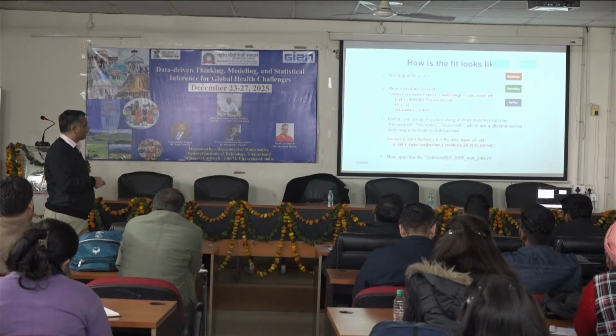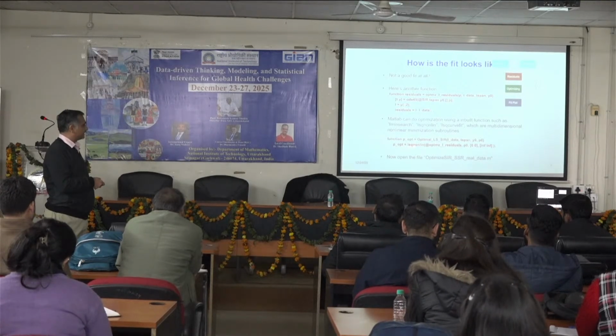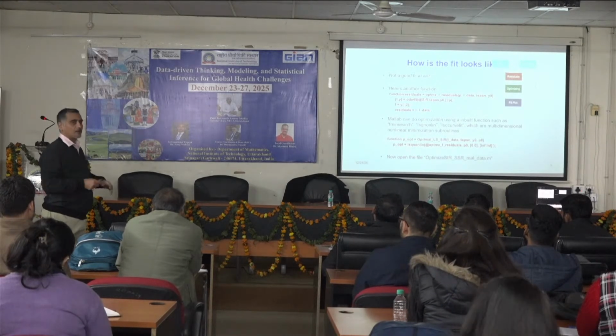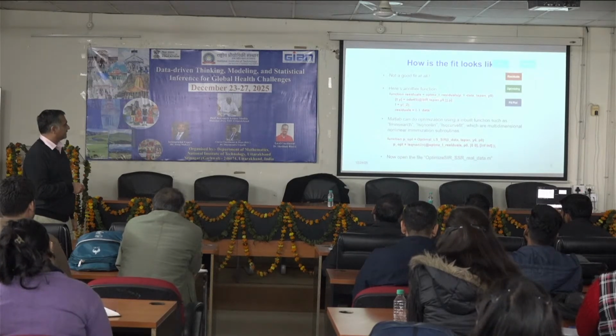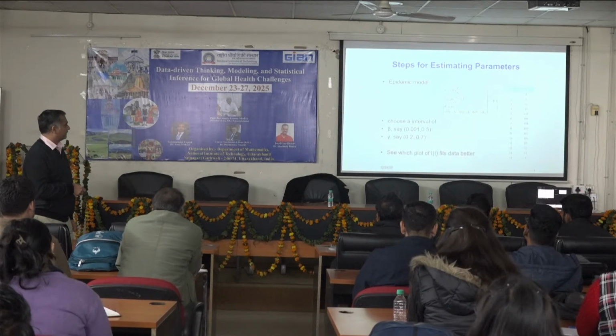Now there is another function, which is called lsqnonlin, the inbuilt function in MATLAB, which is optimizing. Basically what it does is it takes this function and runs it for different beta and gamma in this range.